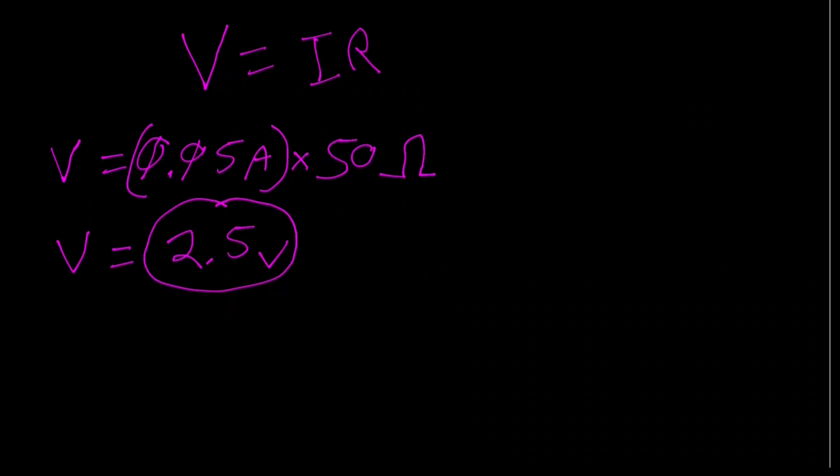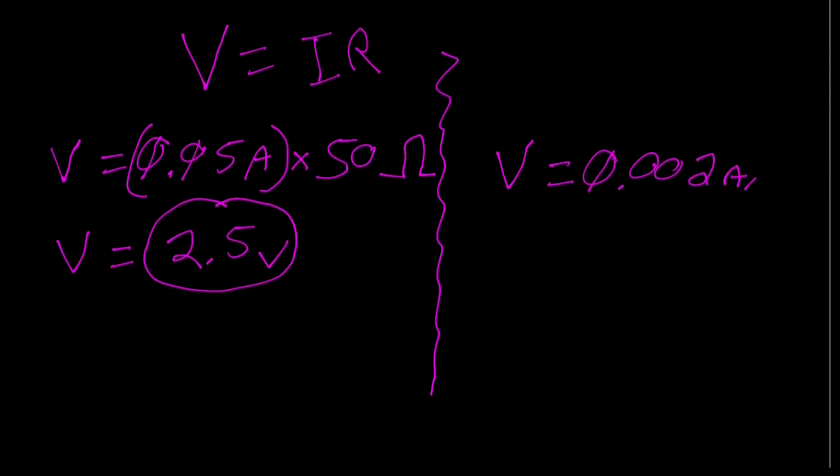And let's go ahead and do another example. So we'll just divide the screen here. Same thing, V equals IR. But this time we're going to have a voltage. Now let's have a current of 0.002 amps. And we're going to multiply that by a resistance of 1,000 ohms.